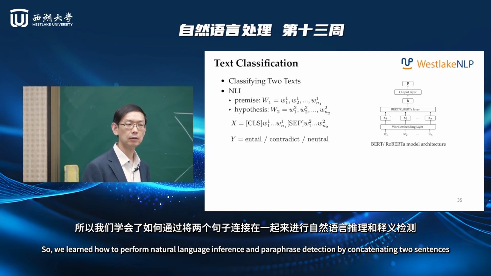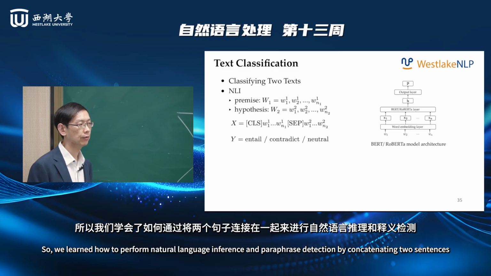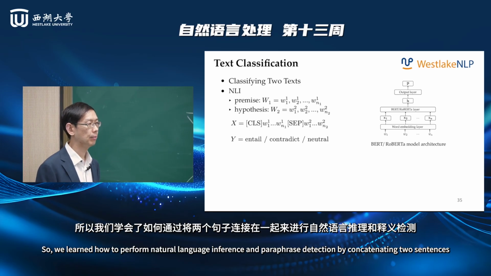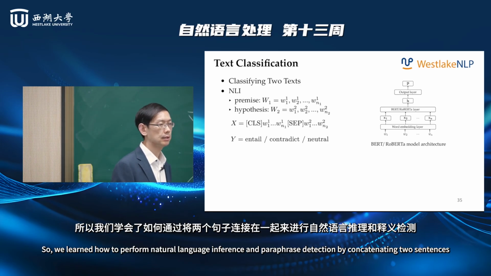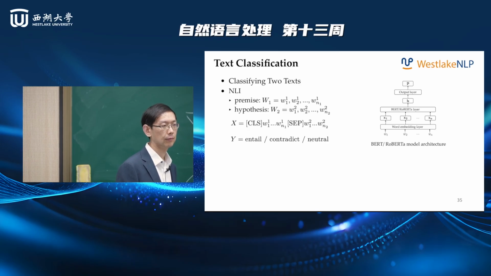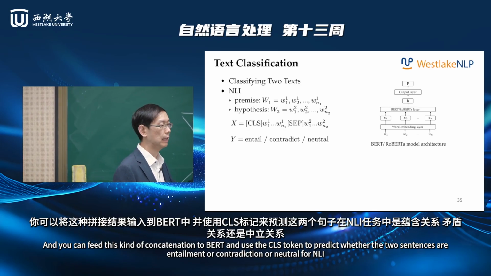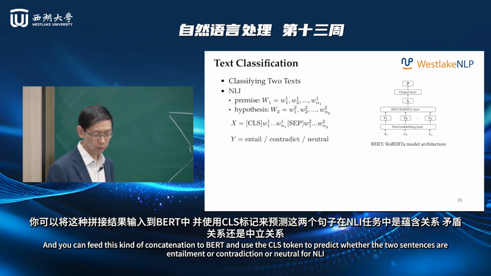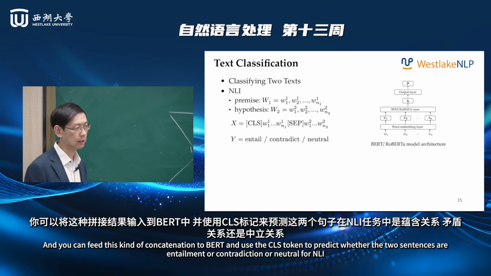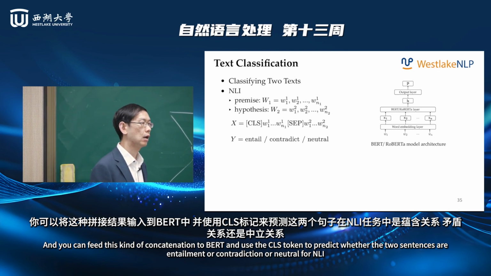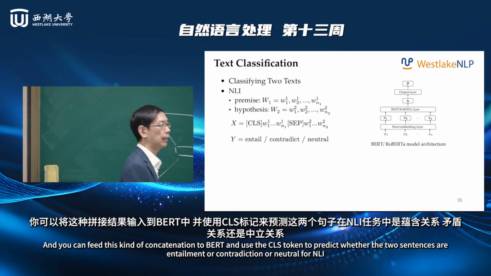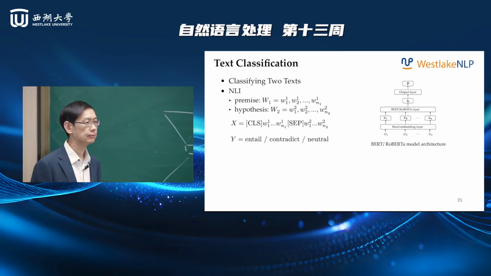We learned how to do natural language inference and paraphrase detection by concatenating 2 sentences together. Now you can feed this kind of concatenation to BERT and use the CLS token to predict whether the 2 sentences are entailment or contradiction or neutral for NLI, okay?